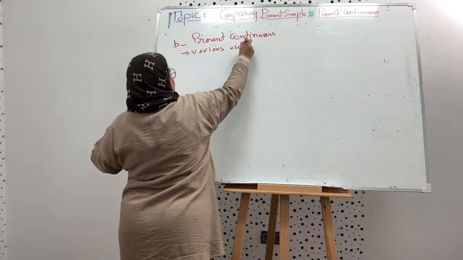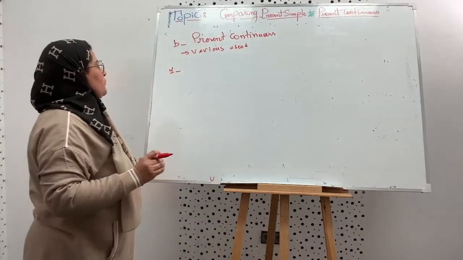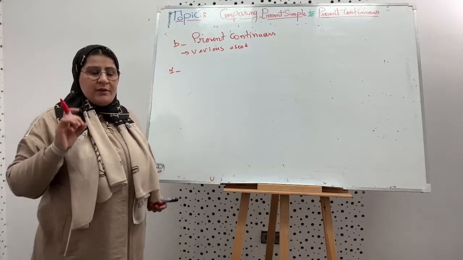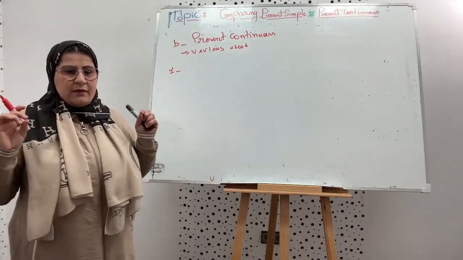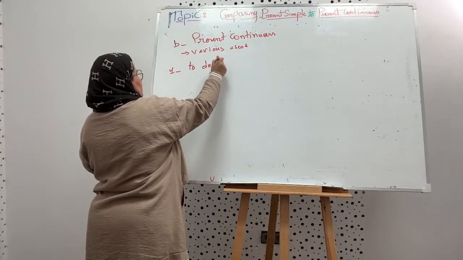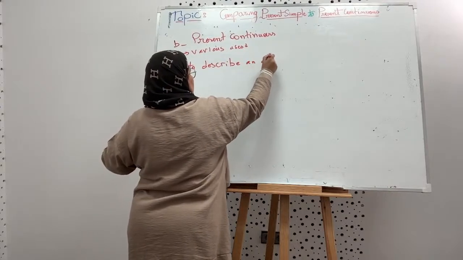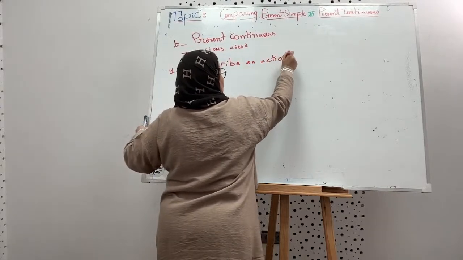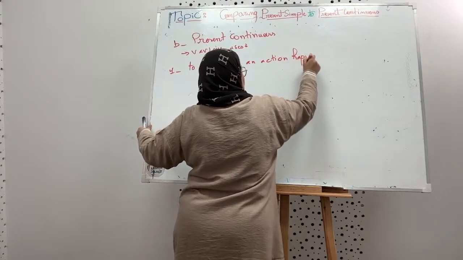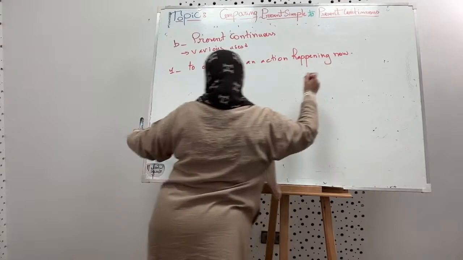Various uses. As I told you just before, the present continuous is basically used to describe an action happening now.